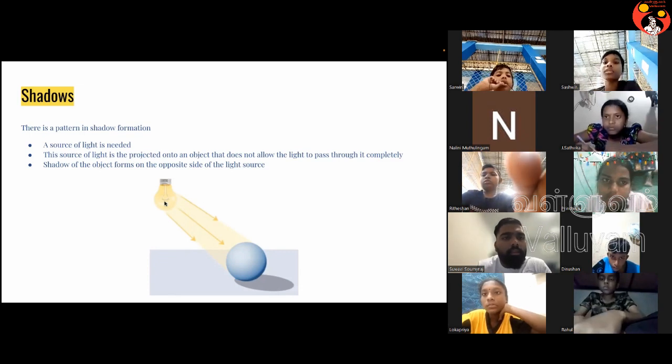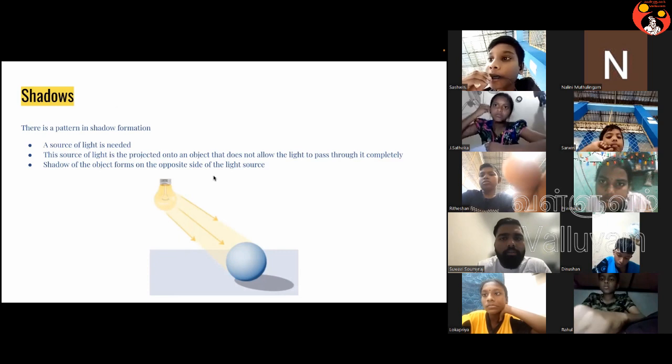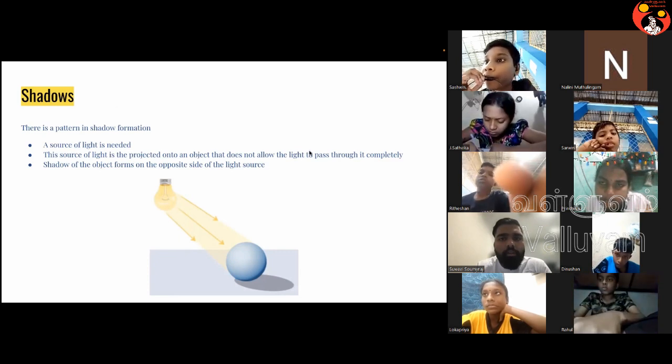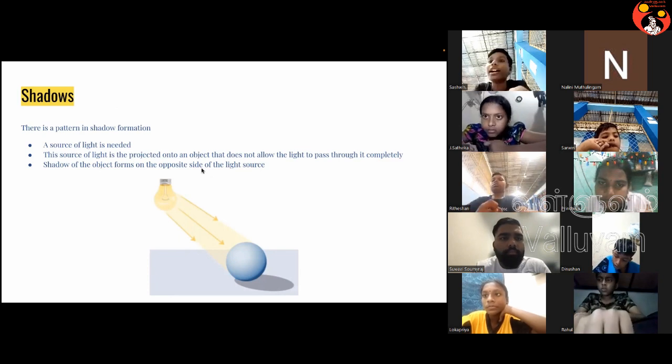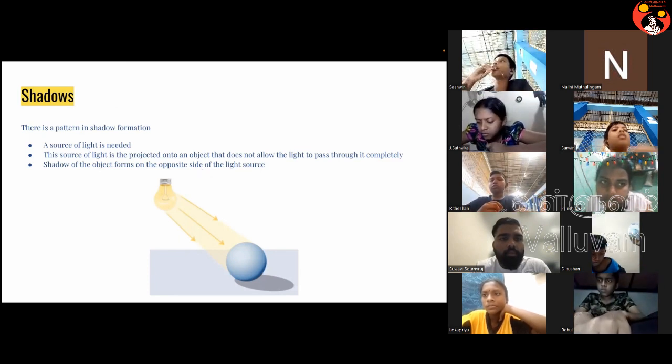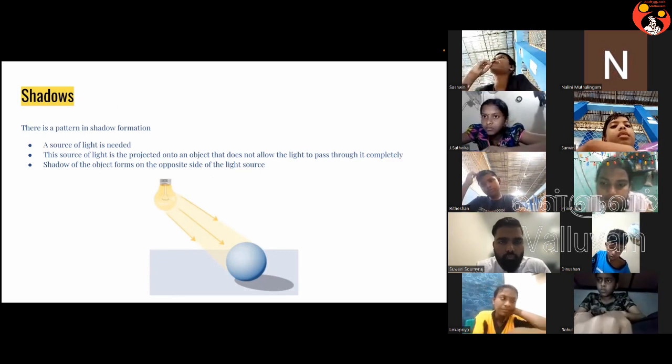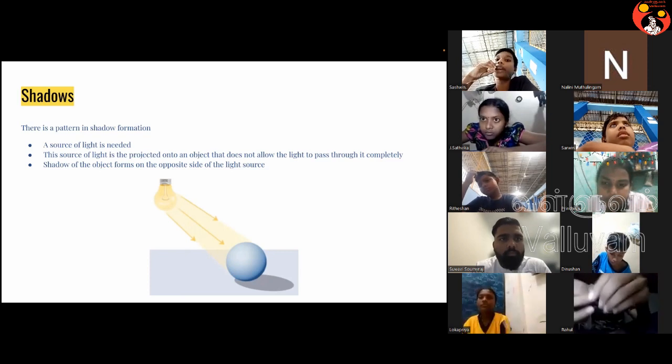Yes, sir. No, sir, I understand it now. Any questions with that one? Sir? Yes, Sashwin? If we put the glass in the middle of it, like you were saying, it's transparent, right, sir?